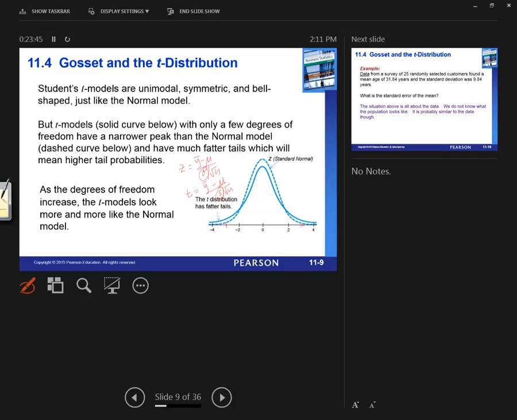But the t distribution has fatter tails. So if my t was minus 3, that area is way bigger than the area under the dotted line. There's a lot more. So the tail areas are bigger for the t distribution than the normal distribution.